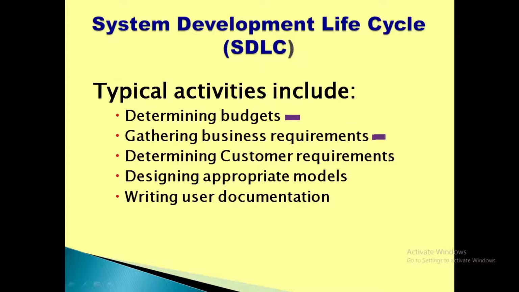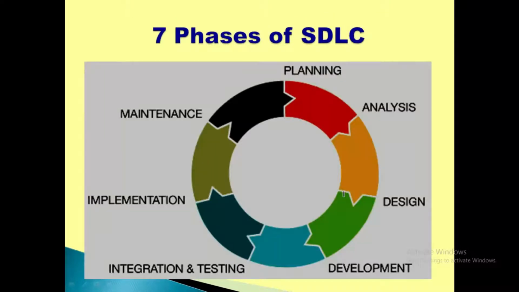Gathering the business requirements so that all the requirements are taken care while developing the information systems. Determining the customer requirements, because customer is the king, he is going to use your system. Designing the appropriate models so that a complete good model can be used for development of the system. Writing the user documentation, this is very important, this we'll see further also. Now, these are the 7 phases of SDLC.